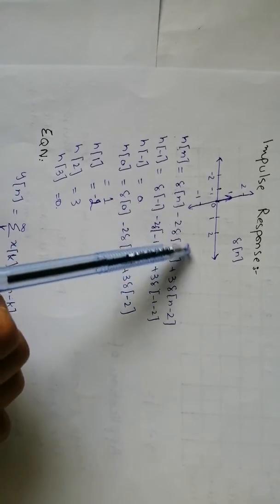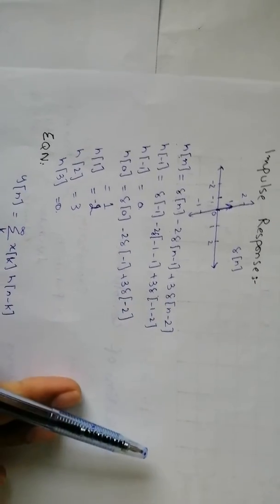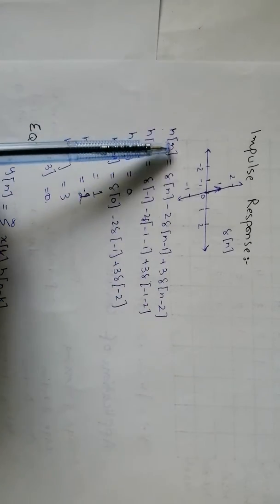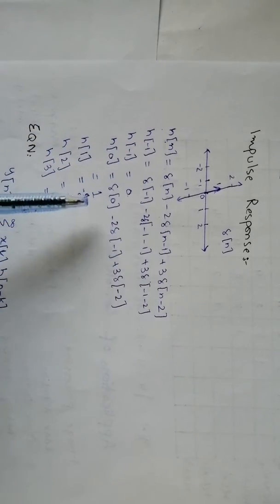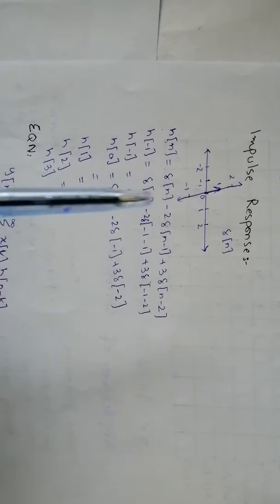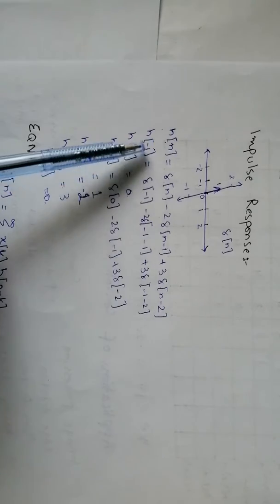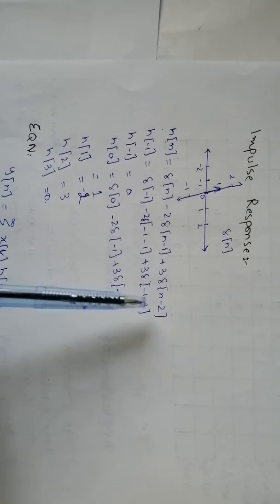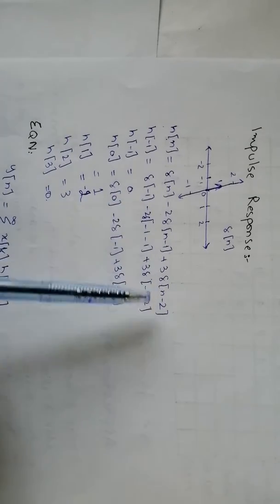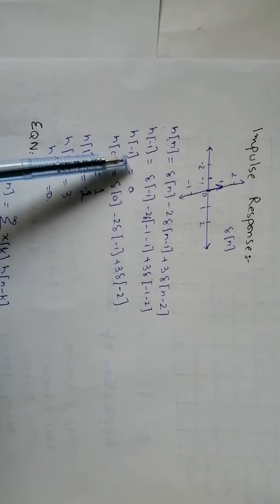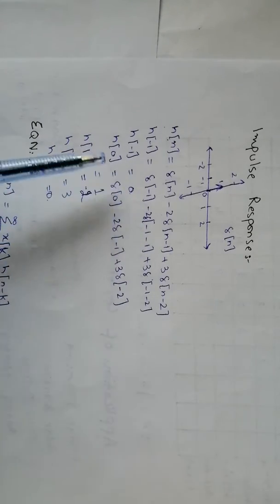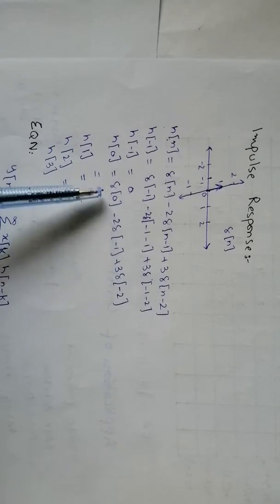We know there is no value except at delta of n, so the others are 0. So h of 0 is equal to 1. Delta of 0 is equal to 1. When we put minus 1, we have no value because there is no delta of n, so there is 0.